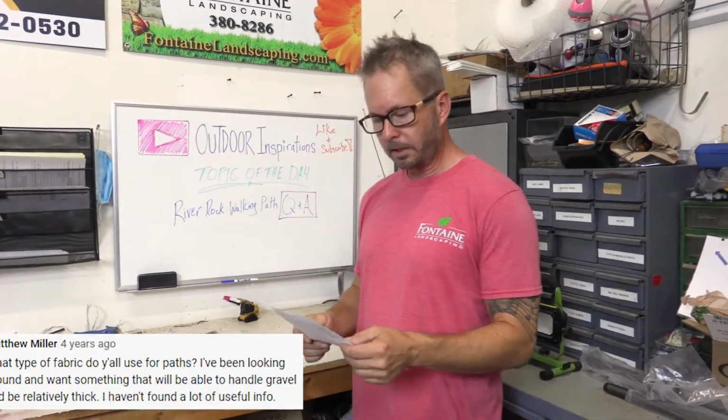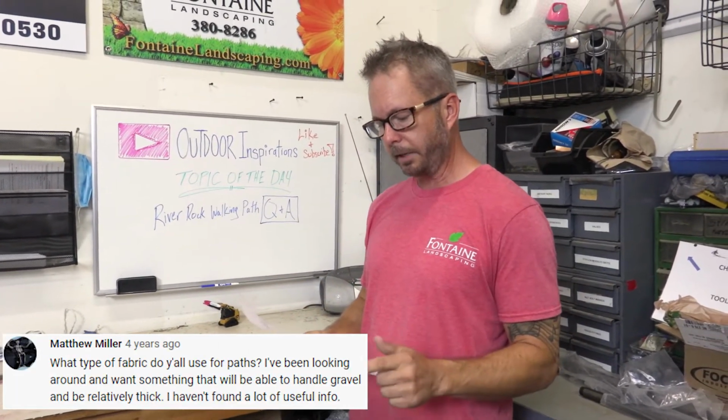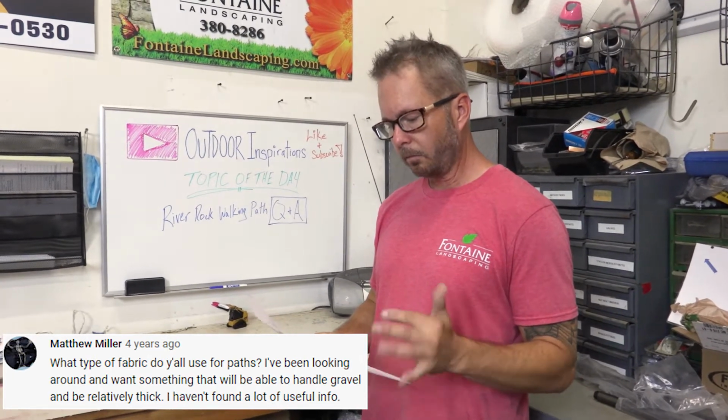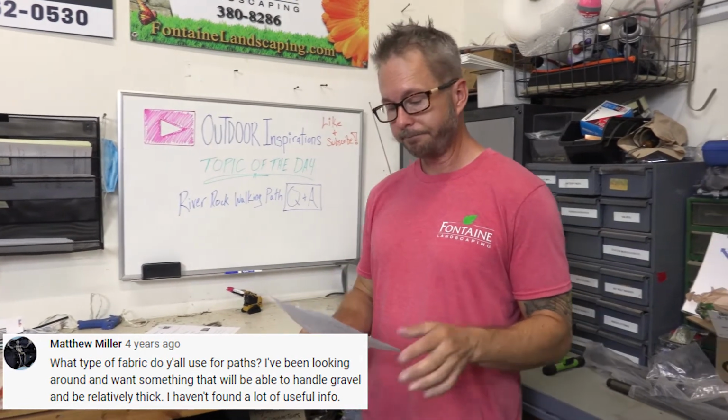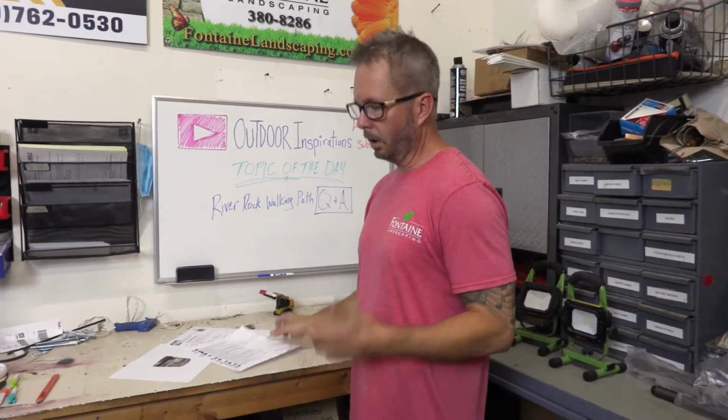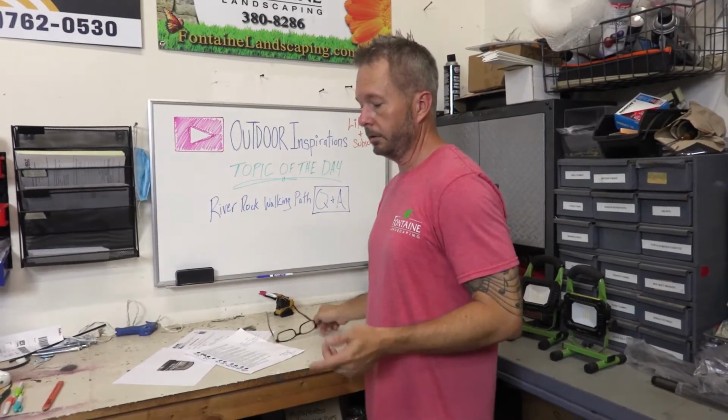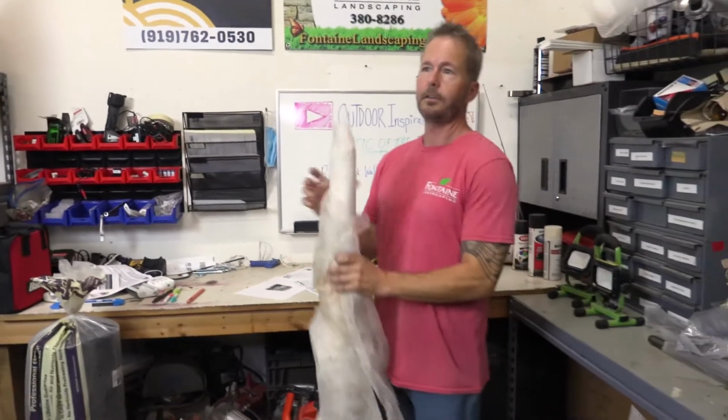Let me get my glasses on. From Matthew, what type of fabric do you guys use for paths? I've been looking around and want something to be able to handle gravel and be relatively thick. So let's talk about fabrics. Home Depot, Lowe's, you can get fabrics there, but they're really thin.